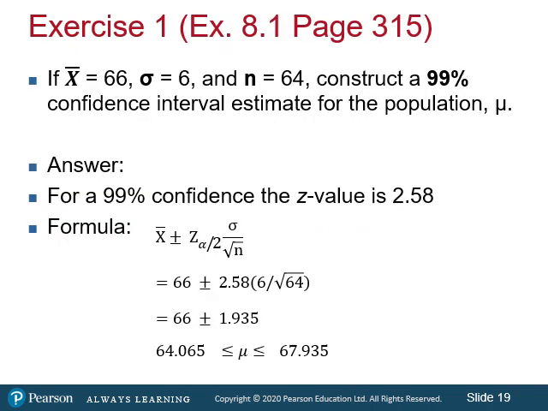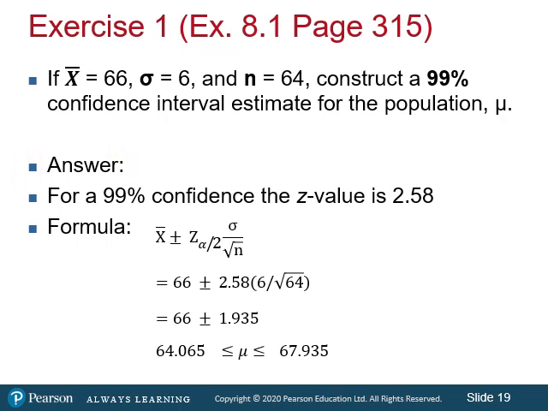Next, I will walk you through an exercise, which is exercise 1. This is an exercise from page 315 of your textbook, exercise 8.1. In this exercise, the question says, if X bar equals 66, sigma equals 6, n equals 64, construct a 99% confidence interval estimate for the population mu.